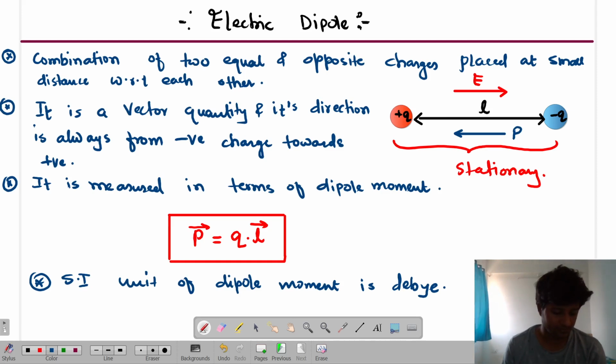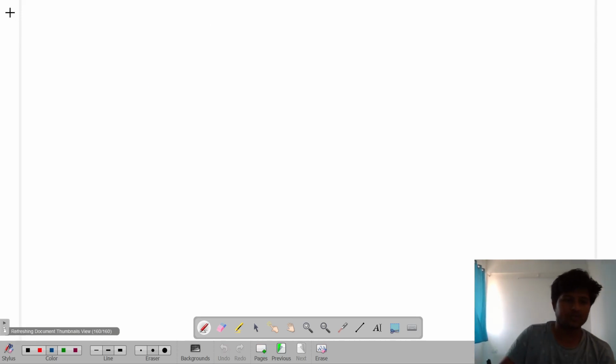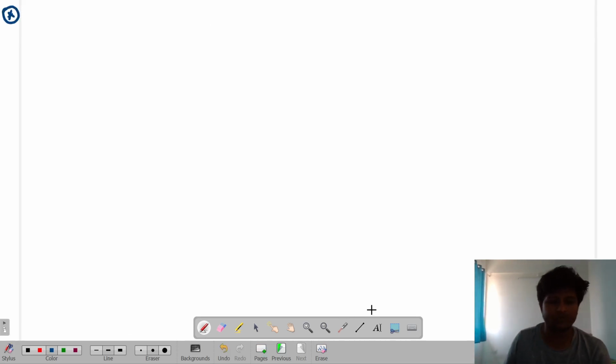Are you able to get me? Is that clear? So let's take an example. Let's solve some questions to understand what the dipole moment of such a configuration will be.